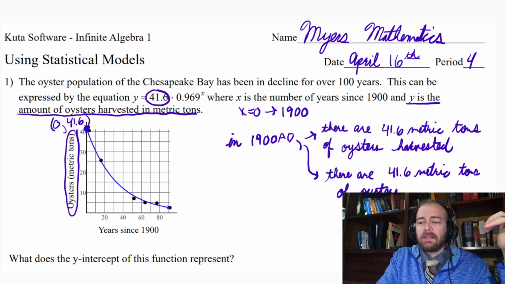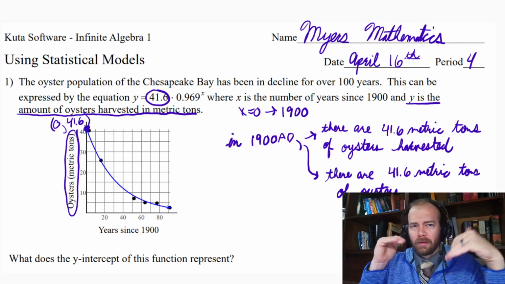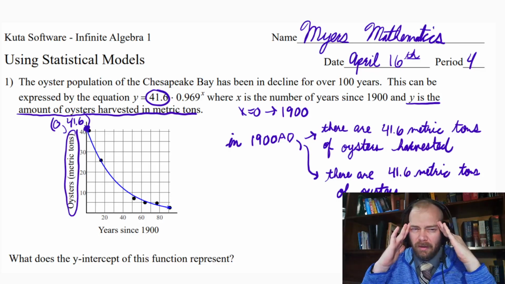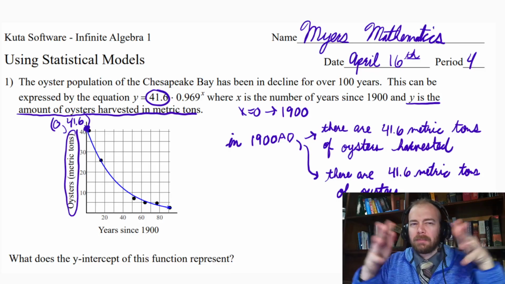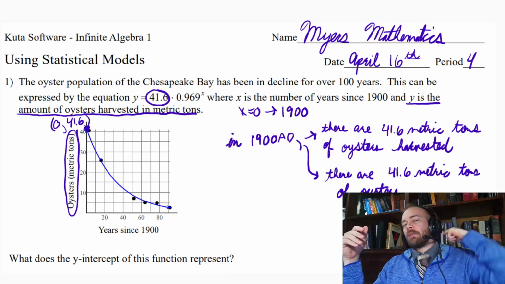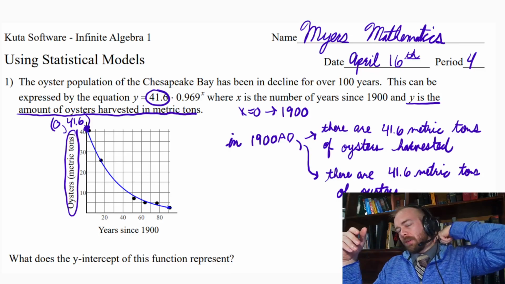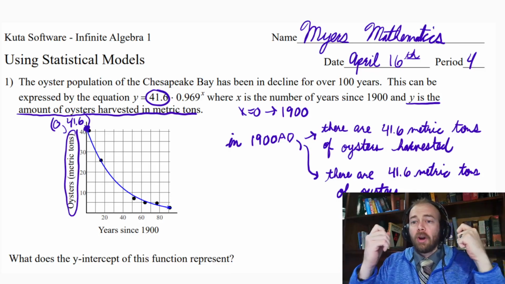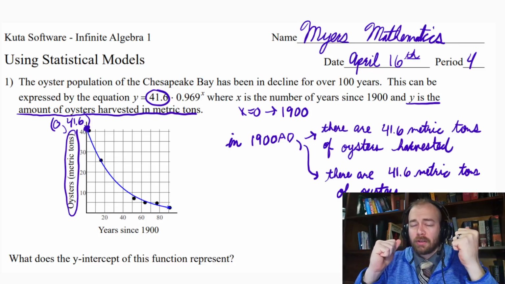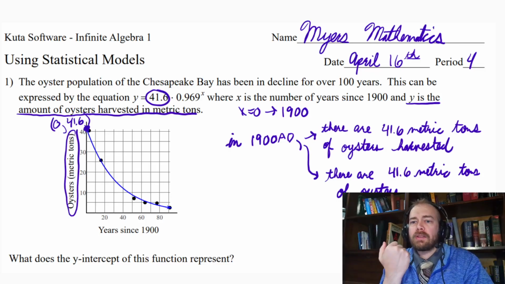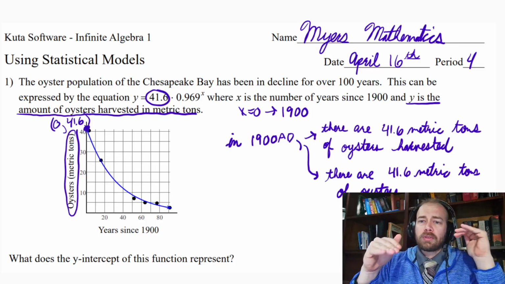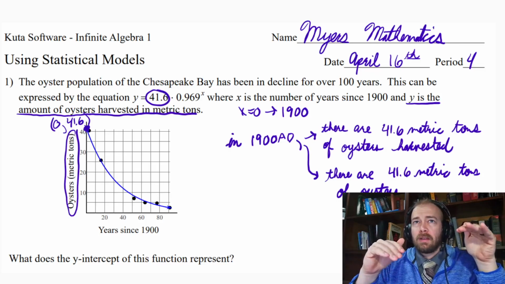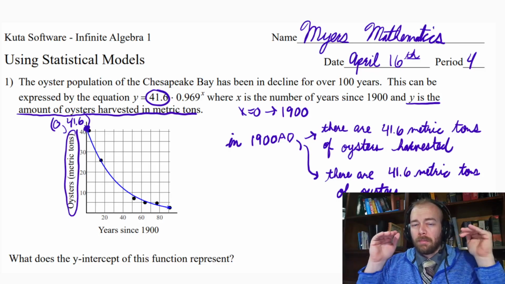This is again that context where you wonder, are we reading too much into this? If you only read into it a little bit, it's like, wait a second, is that the same thing? Those seem like totally different things. But if you think about it even more, if fishermen are harvesting, they're going to be able to harvest fewer oysters if there are fewer oysters. Even though those numbers wouldn't represent the exact same thing, they run together.